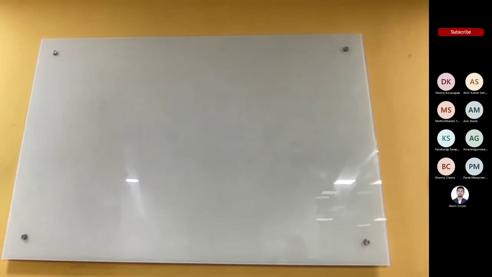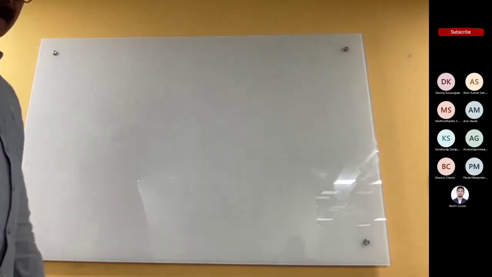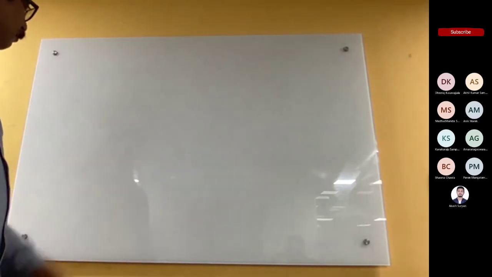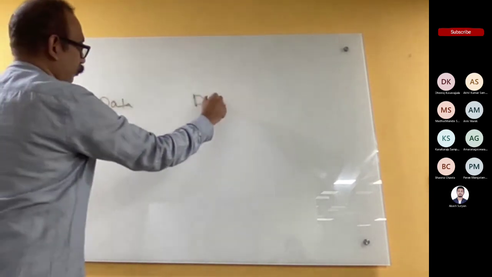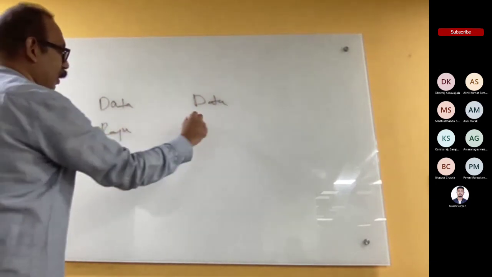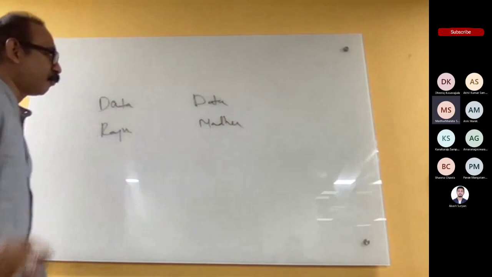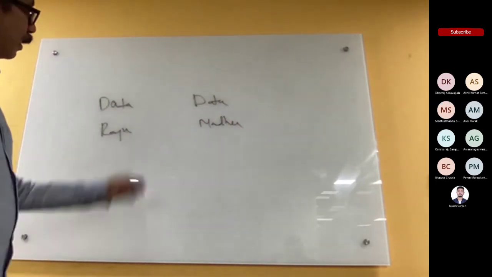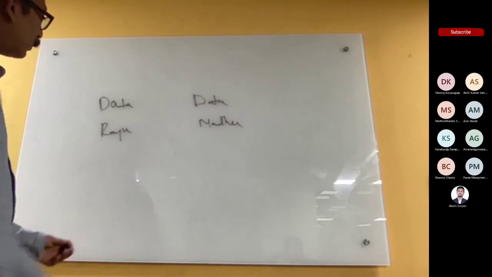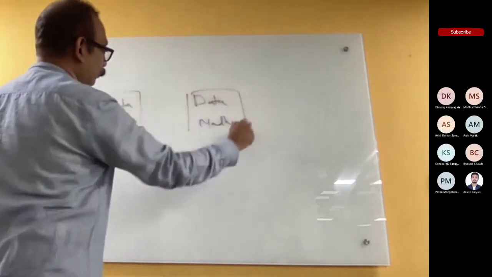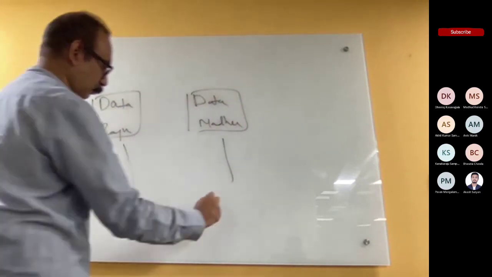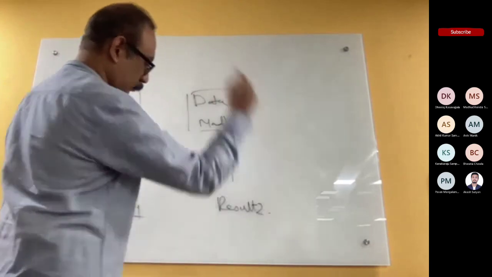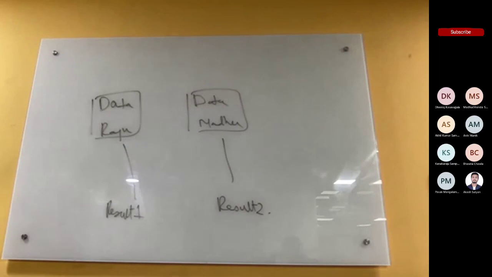Now the question really becomes, if I give the same set of data to two people, let us say I give some to Raju and some to Madhu, I'm just using your names, it's nothing I've got against you, it is absolutely possible that both of you will come up with two different results.